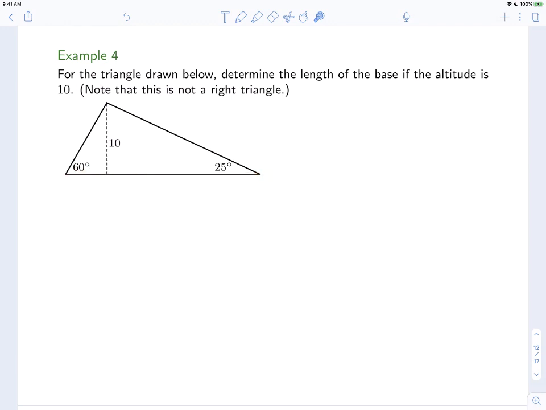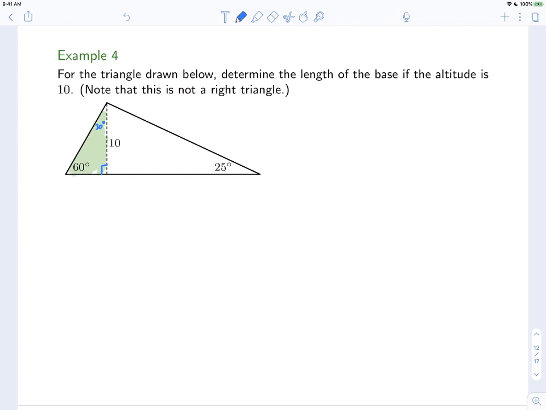Now, if we don't have a right triangle, you might wonder how are we going to use right triangle trigonometry. Well, notice that this altitude divides the big triangle into two smaller triangles, and each one of those is a right triangle. So for example, here we have a right triangle where one of the angles is 60, the other angle is 90, so we have here a 30-60 degree right triangle.